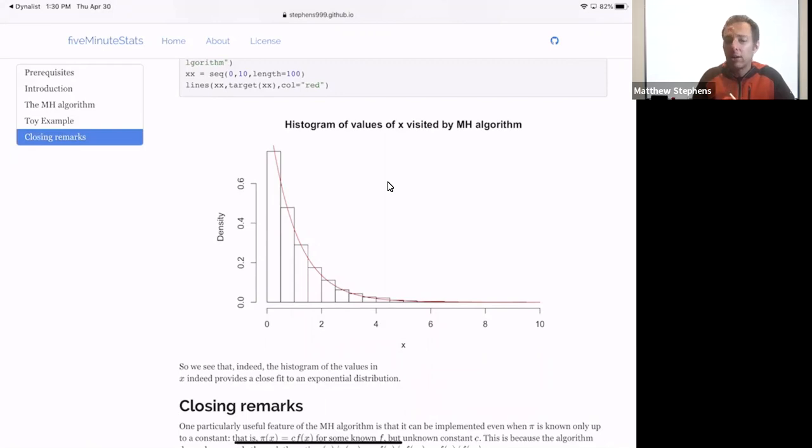And that's because the Markov chain has the exponential distribution as its stationary distribution, and it converges to that stationary distribution. So as long as we run it long enough, we expect to see this histogram. So we obviously did run it long enough here, at least to get a pretty good visual appearance.